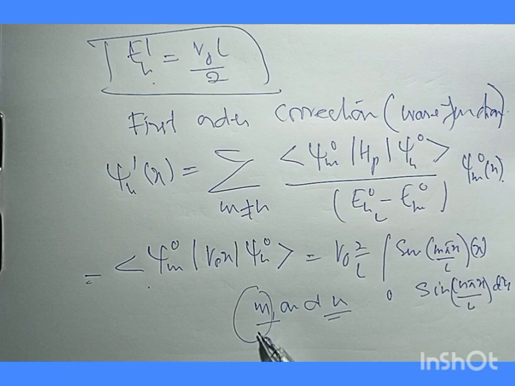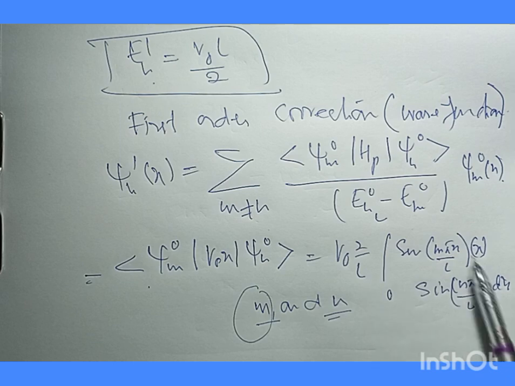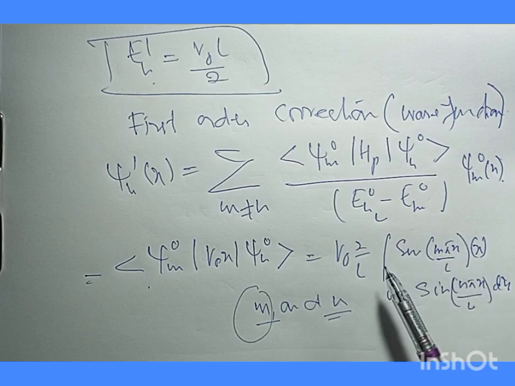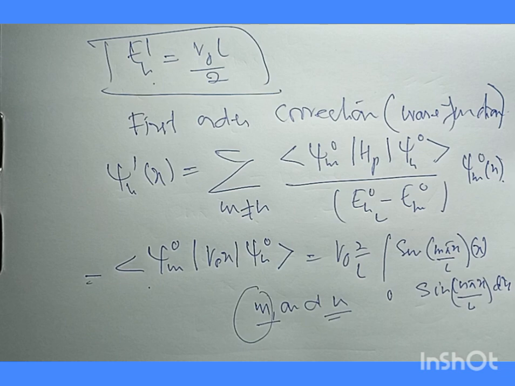For most values of m and n this integral will vanish, but it will exist for certain values of m and n, and that will give us the first order correction to the wave function.